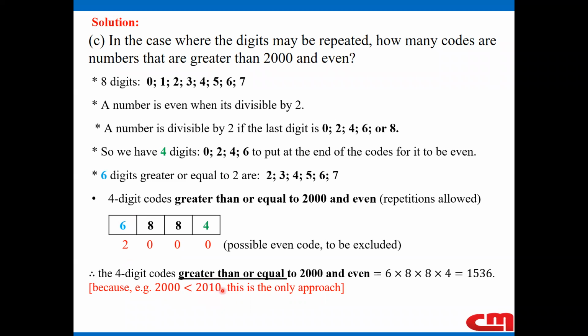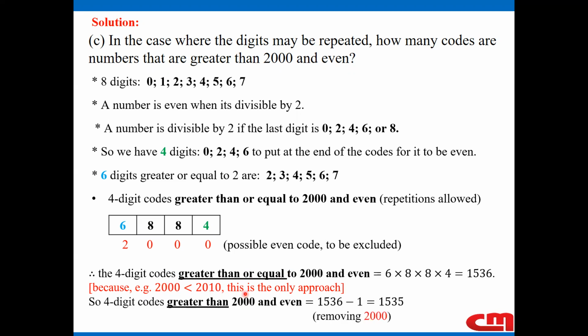There are many, because at the end, we have put 0, but I've put just 1 here. I can put even 7 here, but still there are a lot of them. So to avoid omitting them, you need to include the 2000 and then remove it later, so that at least you accommodate such numbers like 2010. It is even and it's greater than 2000.